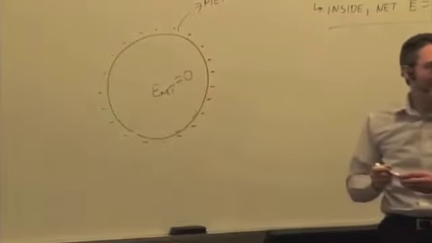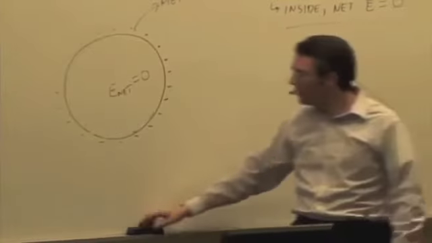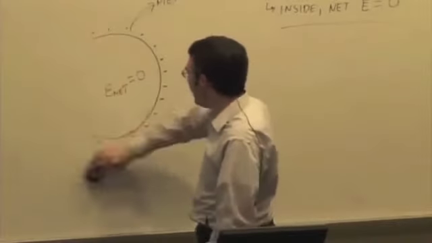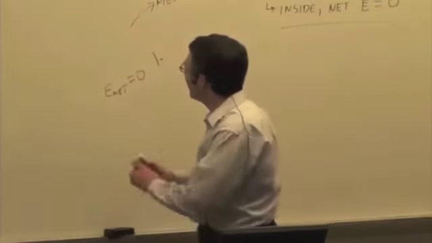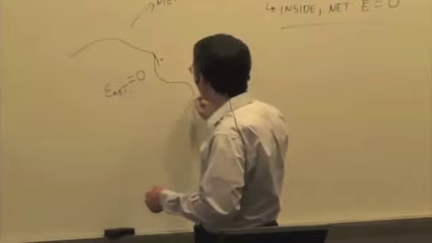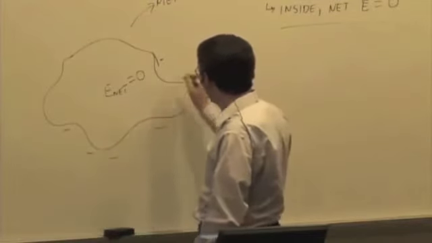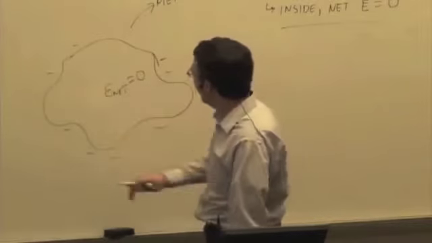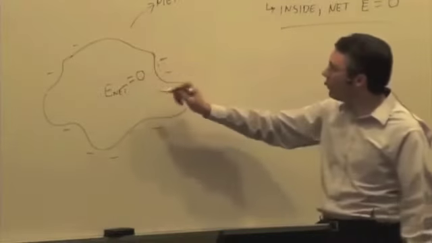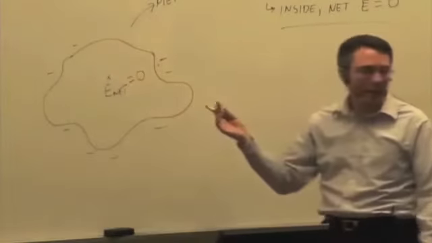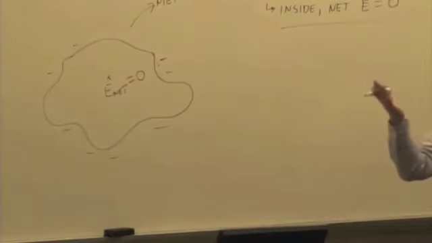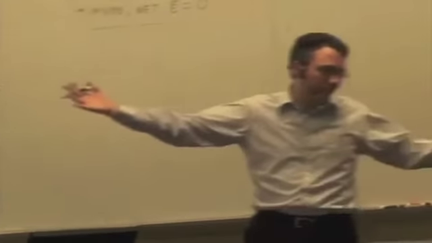In fact, for the case of a metal, it doesn't even have to be a sphere. It could be any old object. The geometry doesn't matter. No matter what you have, if you have a metal at static equilibrium, the net electric field inside has got to be equal to 0.